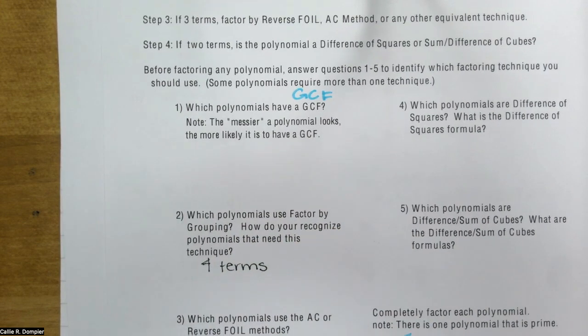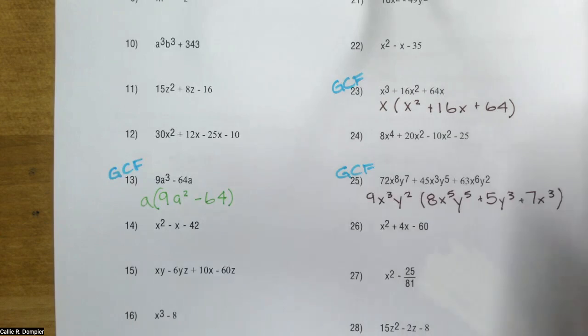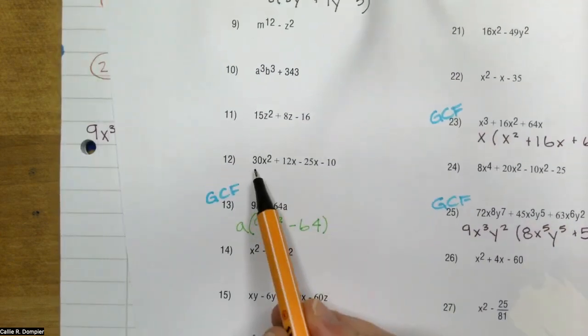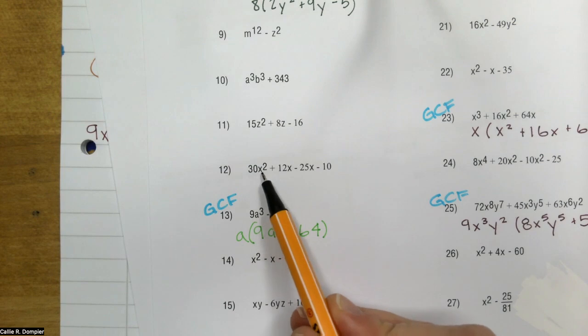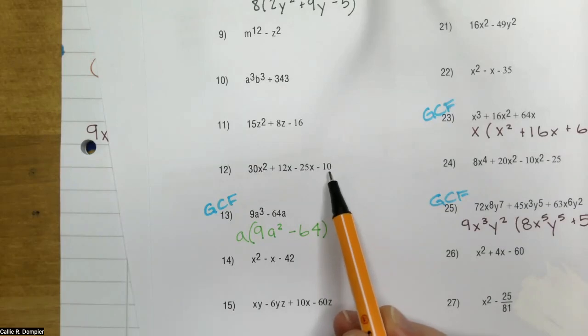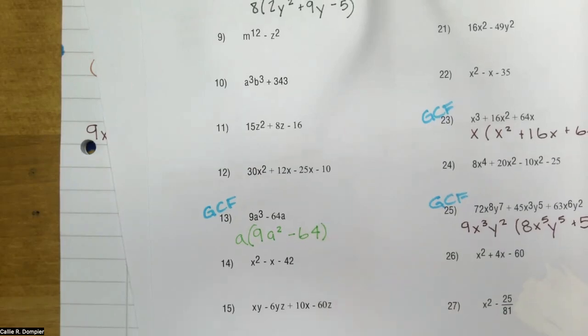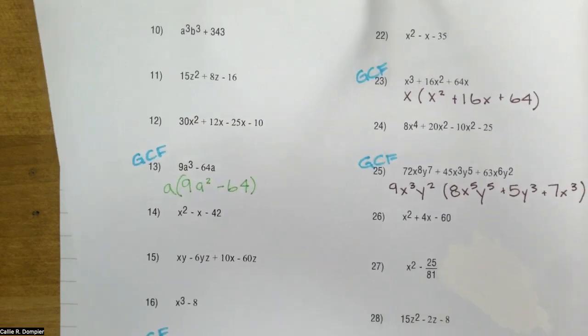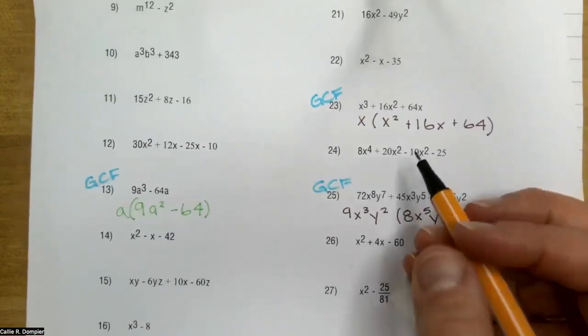Something else to notice about them is that they have 4 terms. The first term will have a variable squared, or an x squared. The middle terms will have the variable, and the last term will be a constant. That is usually how we see it.